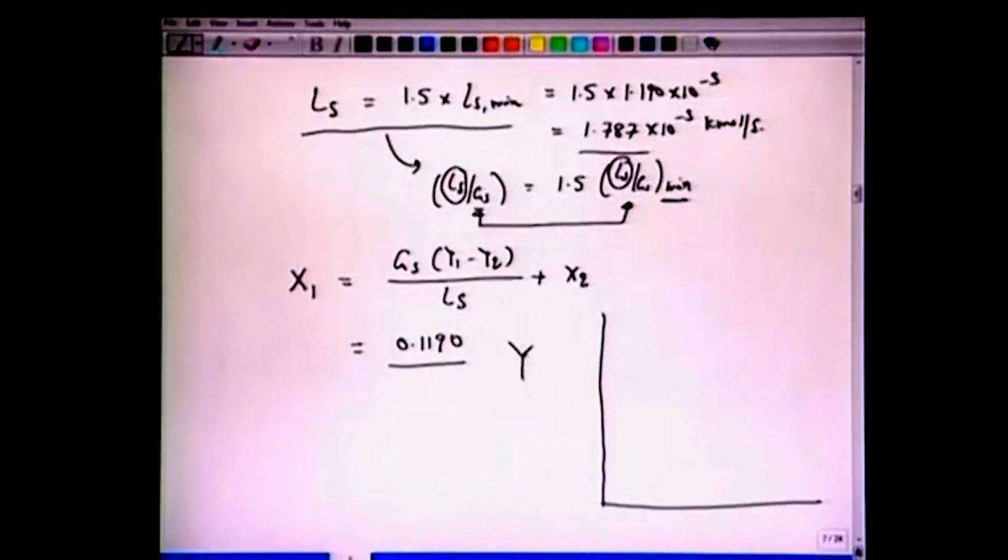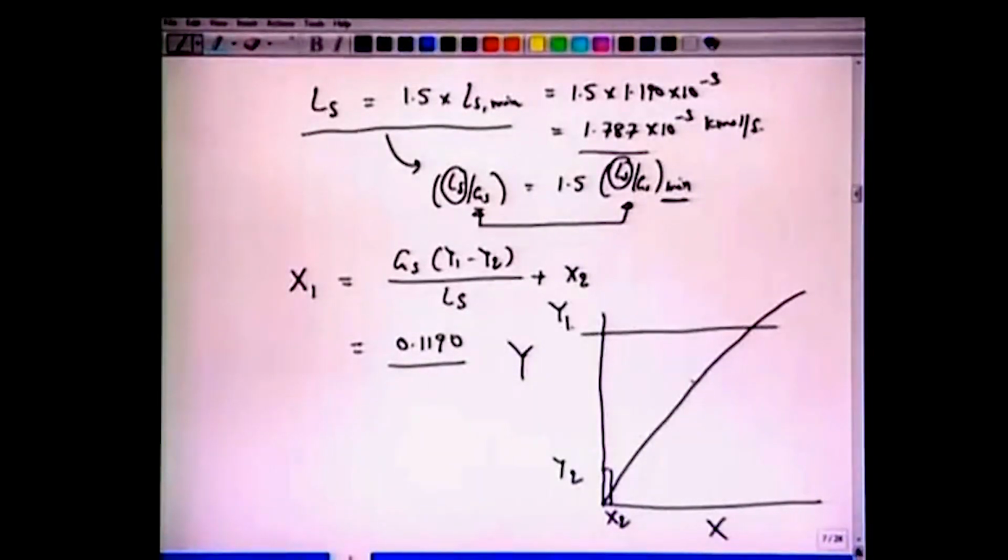Okay, so again let's redraw the curve right here. We have y versus x. We realize the curve is slightly convex down like this. We have marked our points, which is y2, x2, which is known to us. We knew y1. We do not know the slope, but the problem says that we have to take 1.5 times the Ls minimum.